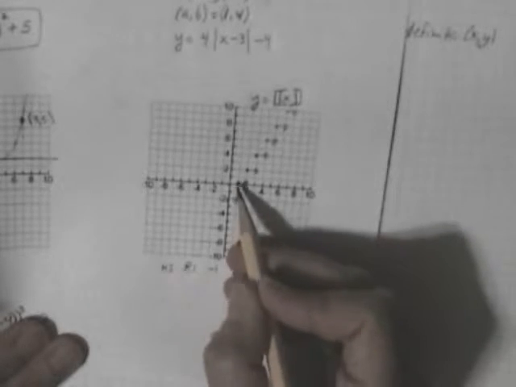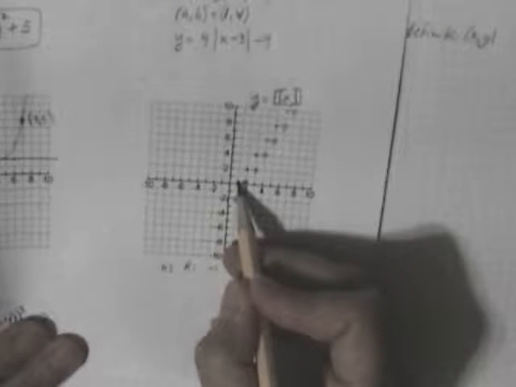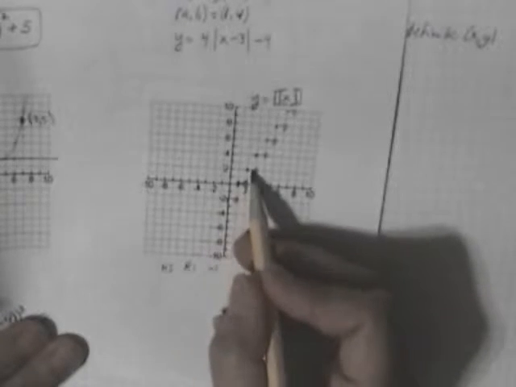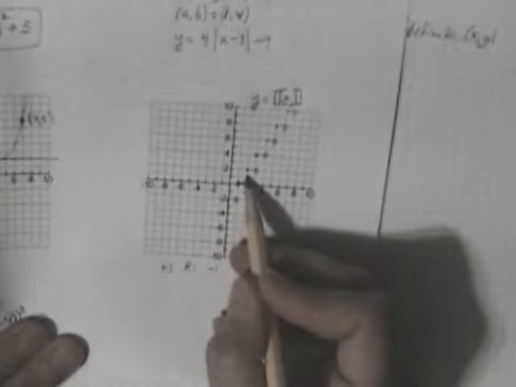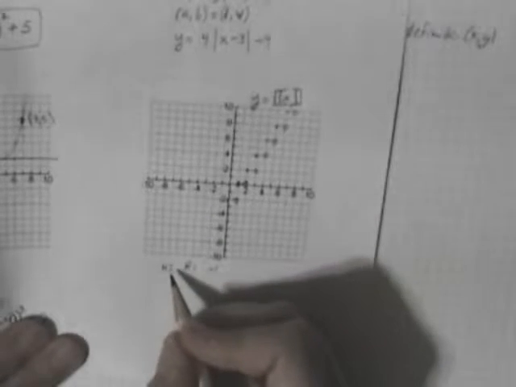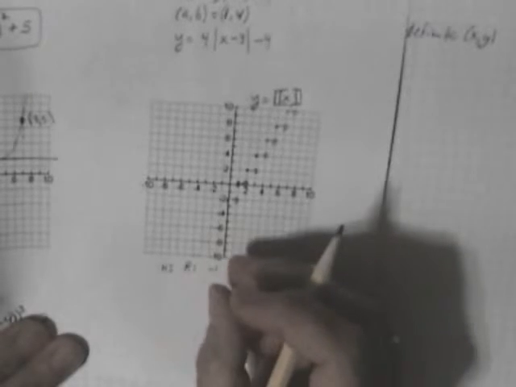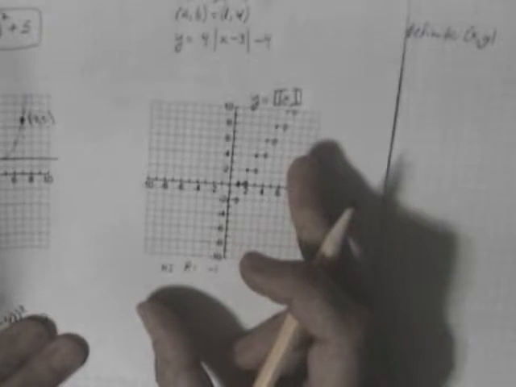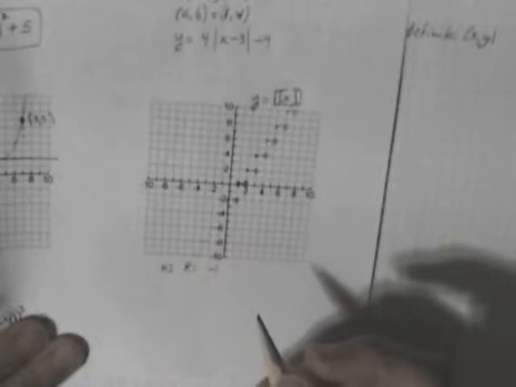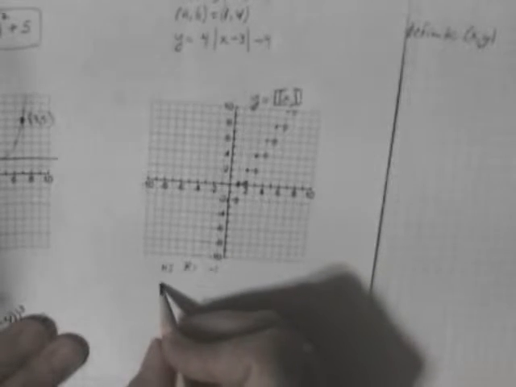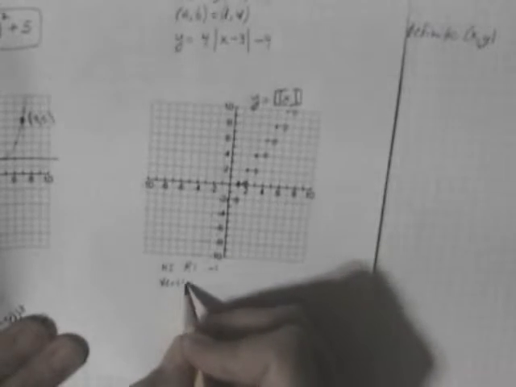It doesn't have a vertical shift because all that's done is it's been moved over. And then the distance between these, instead of being 1 apart, these are all 2 apart. So it actually has a vertical stretch of 2. So I'll just call this a vertical stretch.